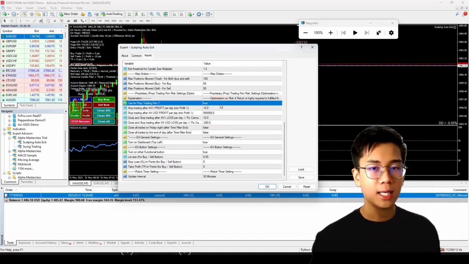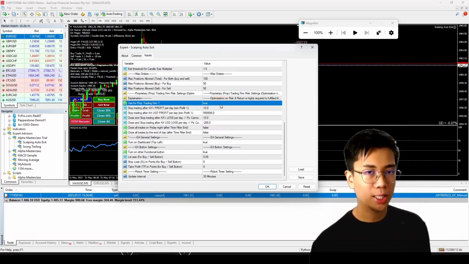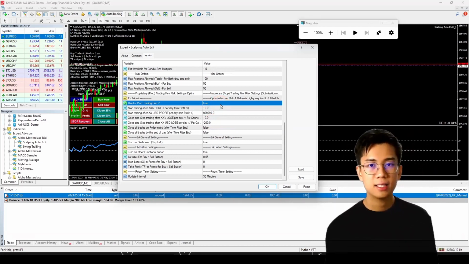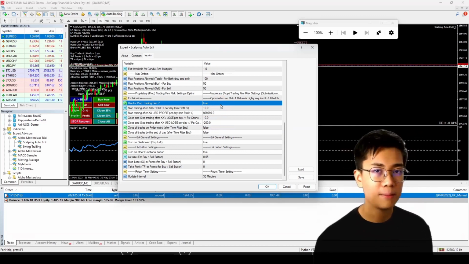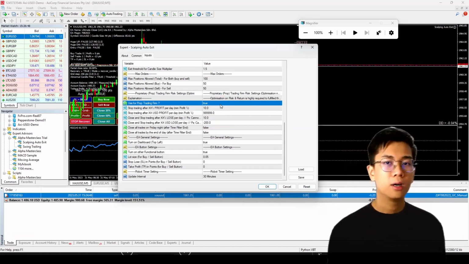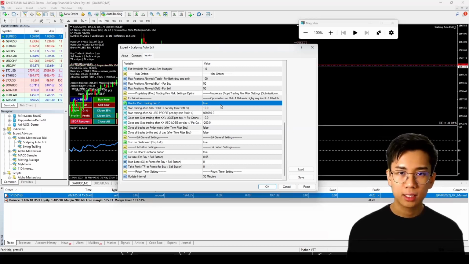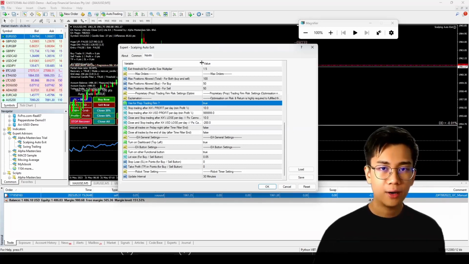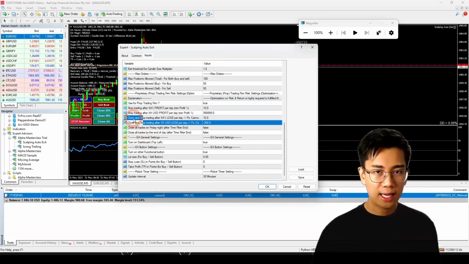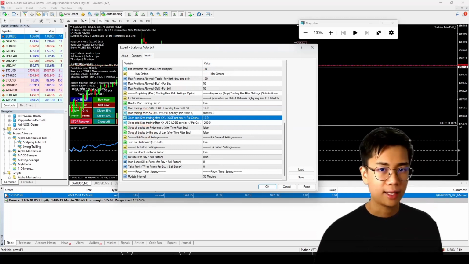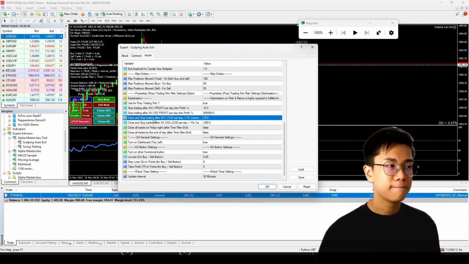What does that mean? When the robot is trading and it finds that it has triggered a 10% drawdown or a $200 loss, the robot will close and stop trading after that by default.